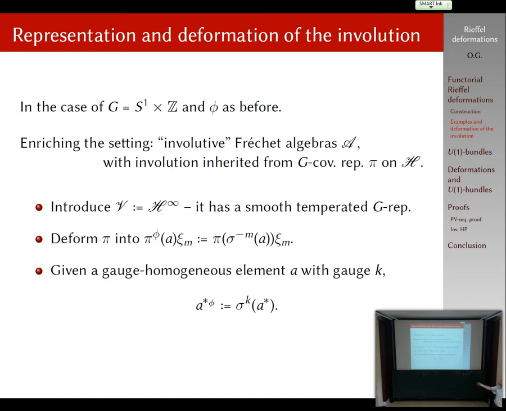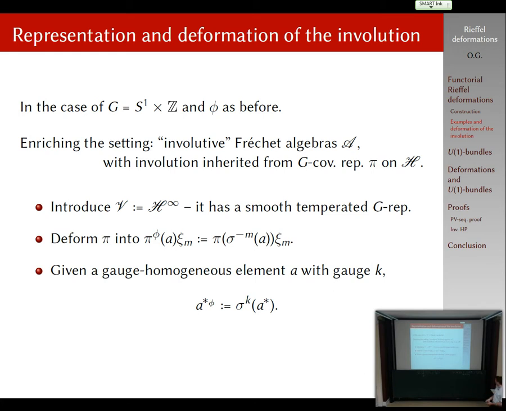So what we do is that we assume we start with a C-star algebra A, as before, represented on H, and you assume that this representation is G covariant. So you can introduce the smooth version of the Hilbert space. And it is also a smooth tempered G representation.